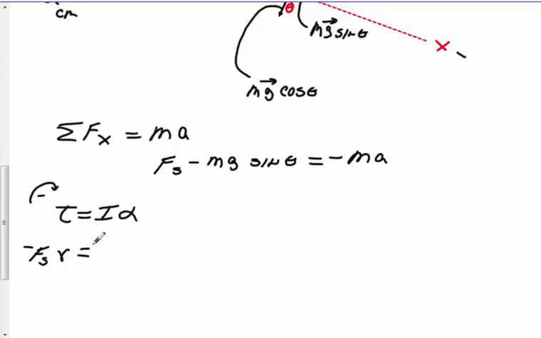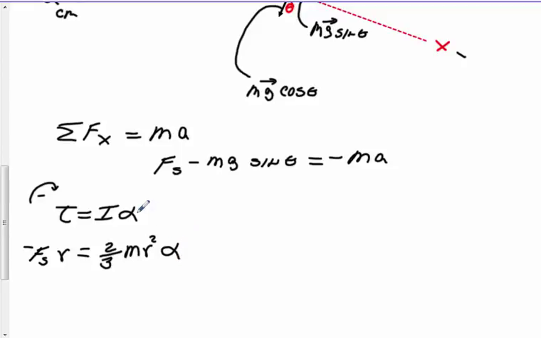Now a basketball, they said to model that as a thin spherical shell. If we go to the equations for inertia for a thin spherical shell, we're going to get 2/3 mr squared. So I will put 2/3 mass of the basketball times r squared, and I'll go ahead and put alpha in here for right now.